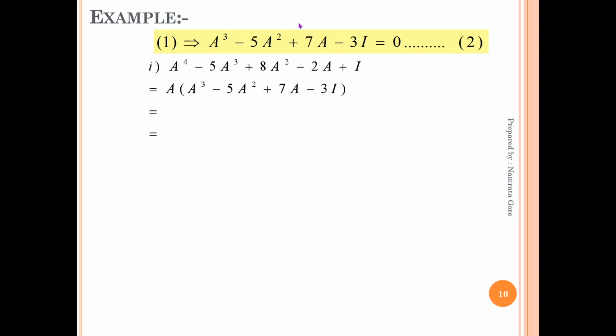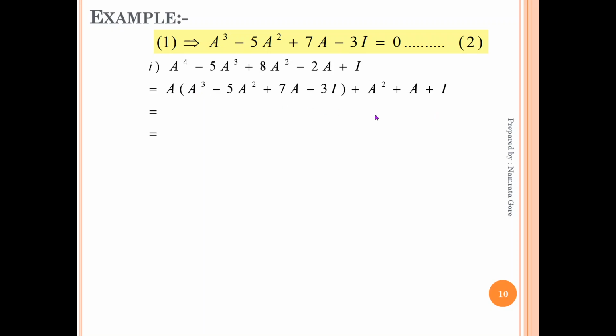Out of this, according to the expression 2, we have taken 7A square, so 1A square is left over here. Then we have taken minus 3A, so here plus A is left and plus I is left.